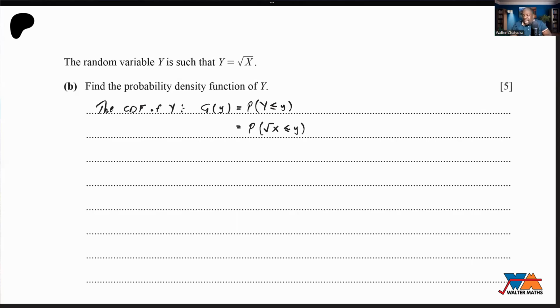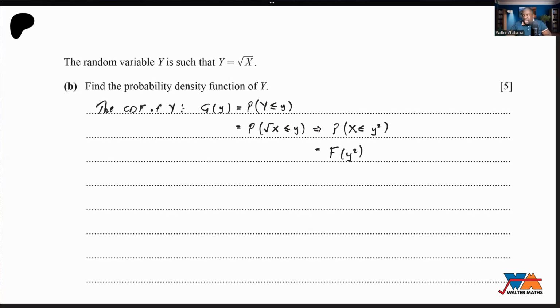And if we square both sides, this is the probability that x is less than or equal to y squared. This is the same as F of y squared that we're looking for.